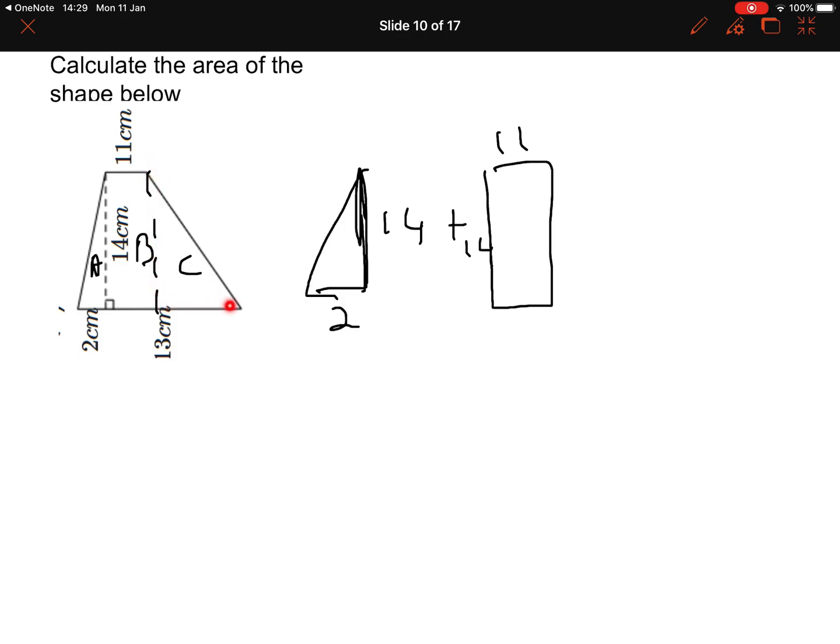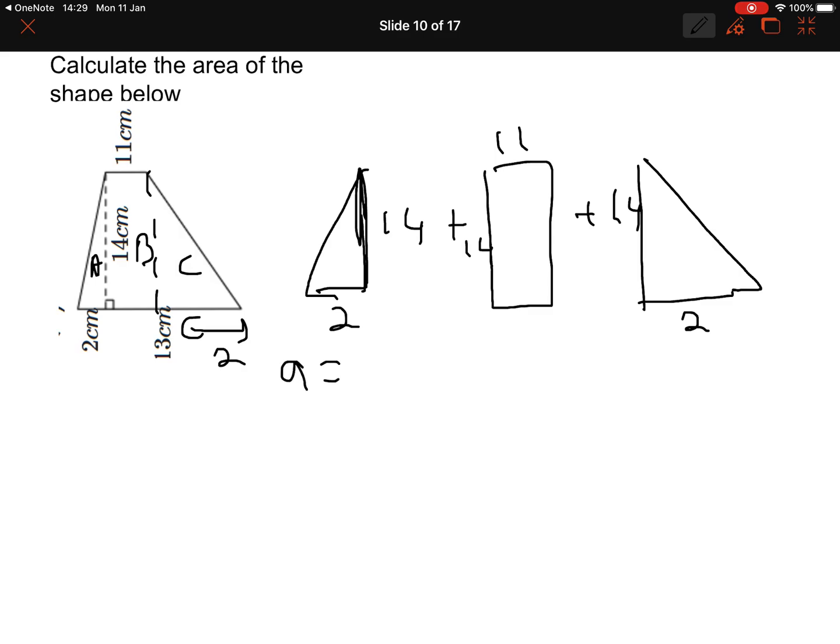Okay, and you've got the last part of the triangle, which is 14, but you need to take 11 away from 13. So that part is going to be 2. Okay, so the height of the triangle, still 14. The base is going to be 2. And we just do this, okay?